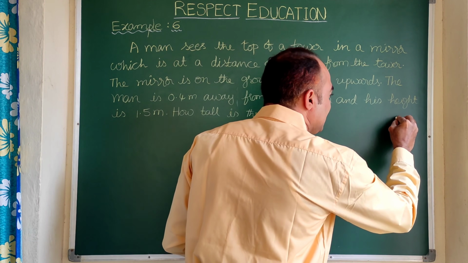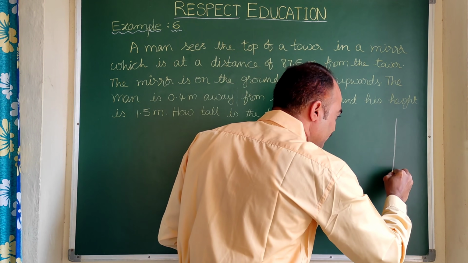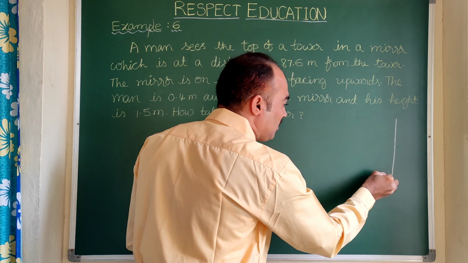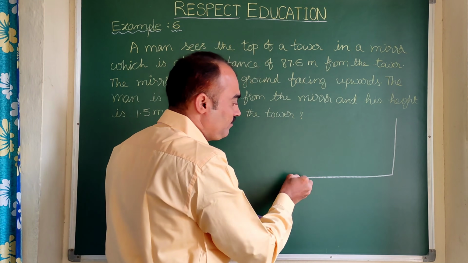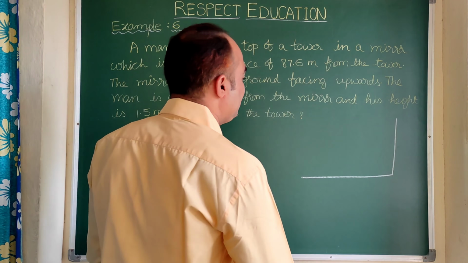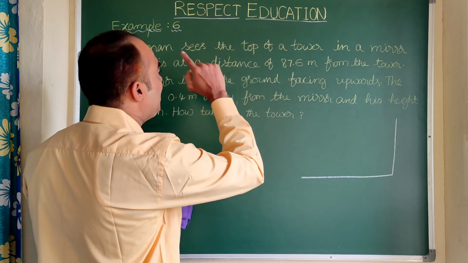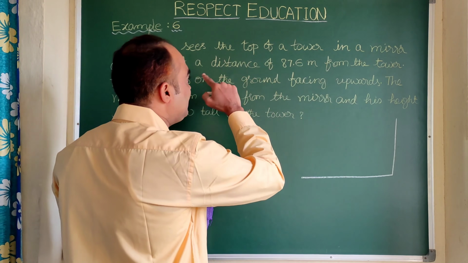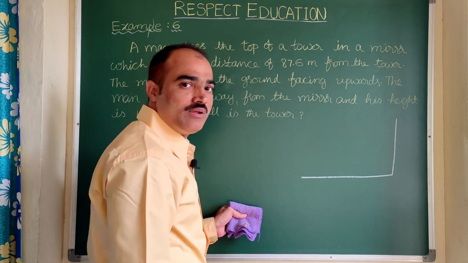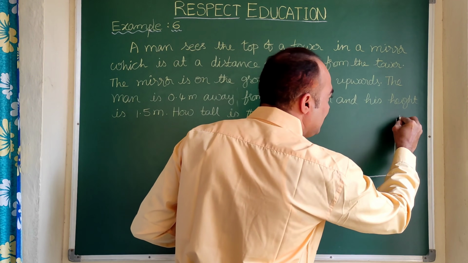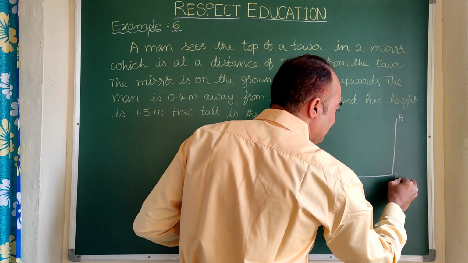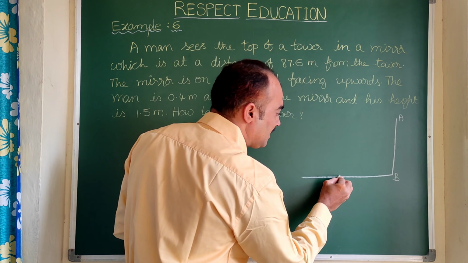Imagine that here is the tower, this is the ground. Now you read the question. A man sees the top of a tower in a mirror which is at a distance of 87.6 meter from the tower. Suppose you take AB as the tower, and here let us take the mirror.